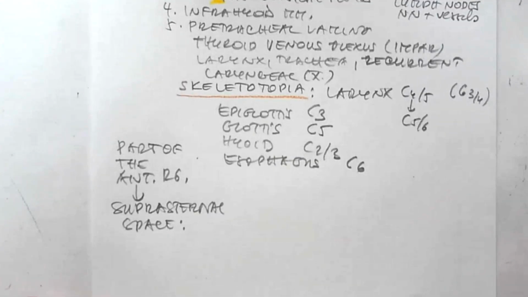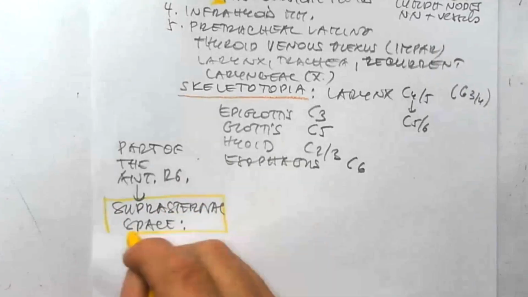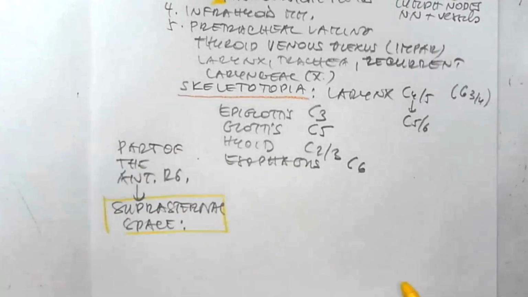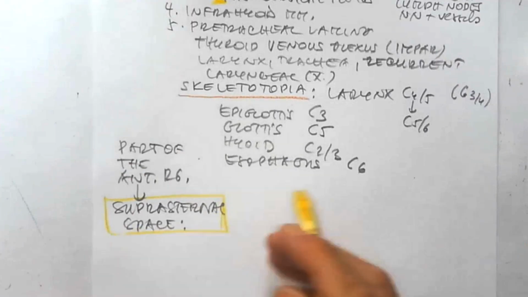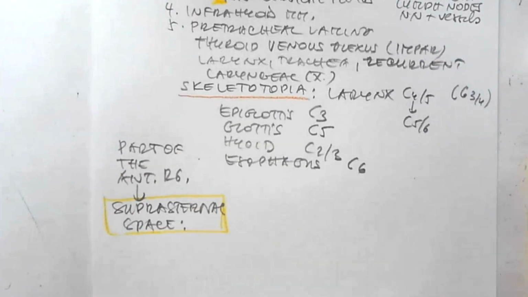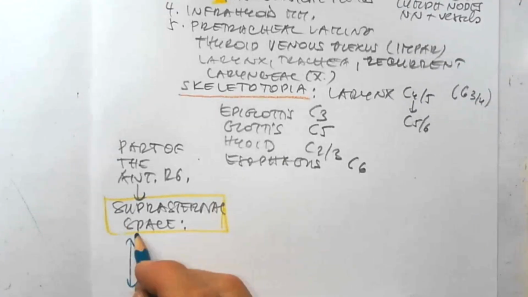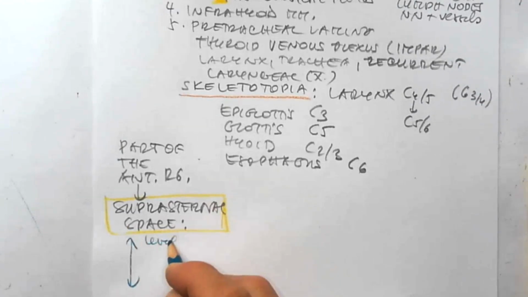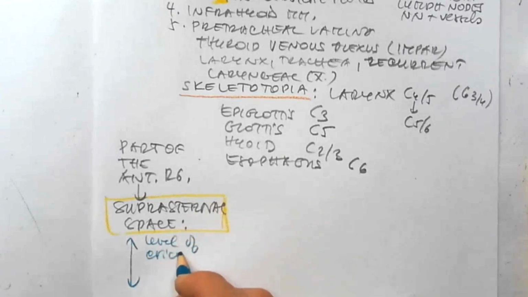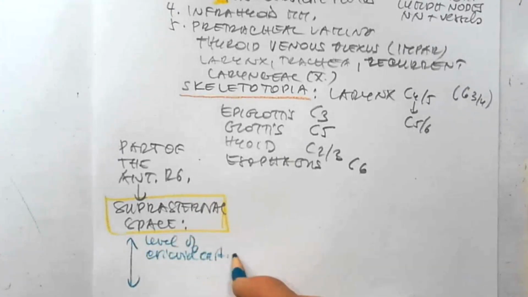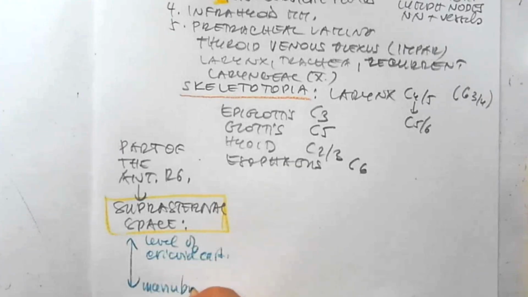We would color the space yellow, and the space is bounded by, or a distance from, the level of the cricoid cartilage to the manubrium of the sternum, just the manubrium of the sternum.